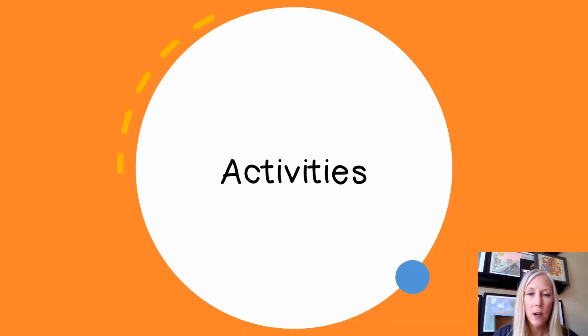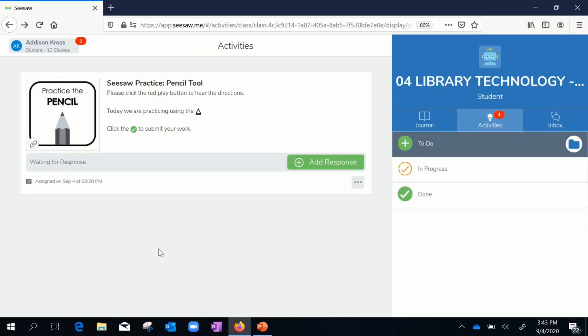Now we're going to talk about activities. You can think of activities as assignments that your teacher has given you to complete. When you're ready to complete an activity, you'll be able to find it in the Activities tab where you see the light bulb. The instructions for completing your activity will be right here.